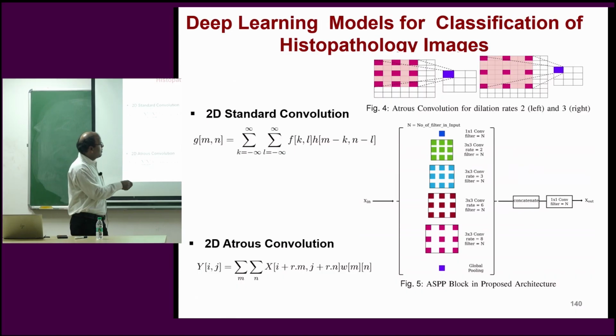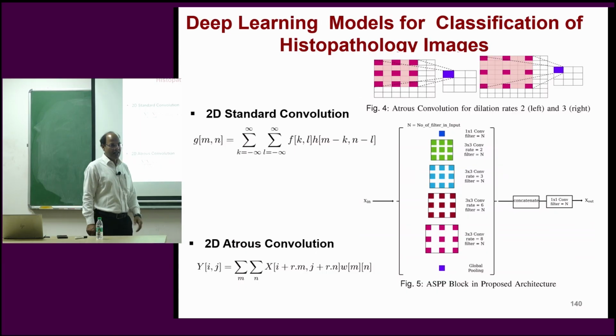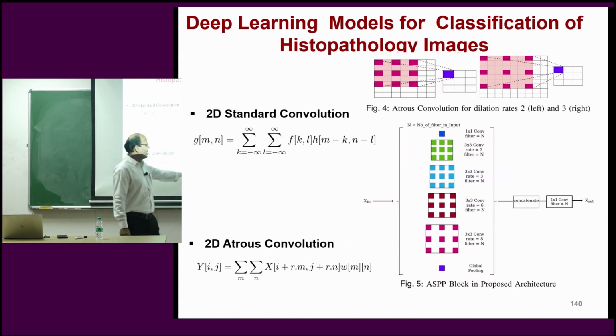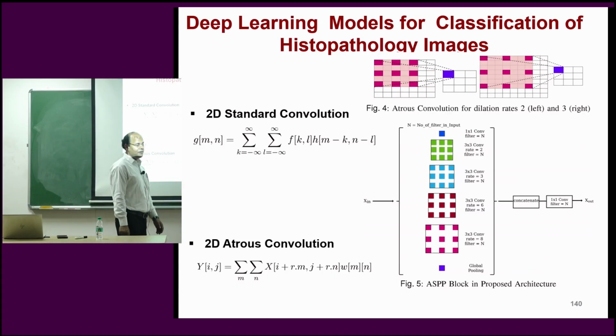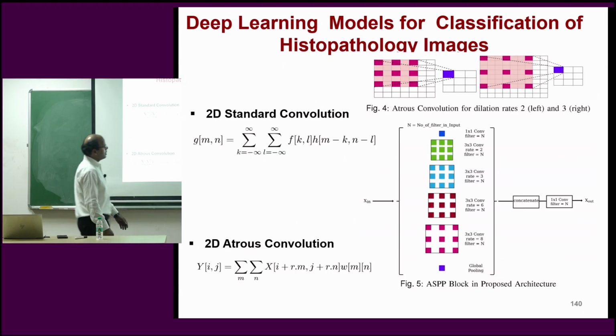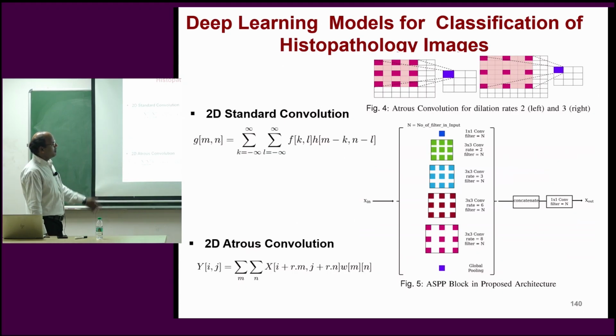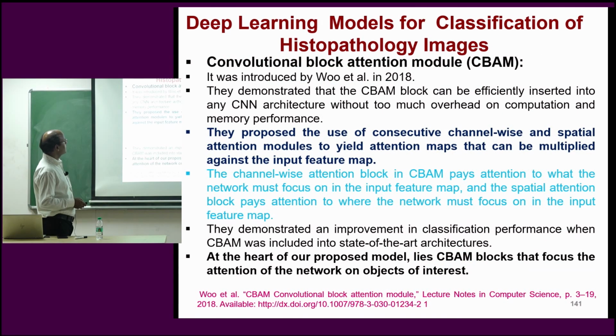Likewise, for rate 3, 2 zeros, for rate 6, 5 zeros will be inserted in both the x and y directions, and for rate 8, 7 zeros will be inserted between them. This way we increase the field of view. After all this you calculate all the feature values and then use the 1 cross 1 convolutions. That is how it helps us improve the performance of the model which we designed, called LiverNet 2.